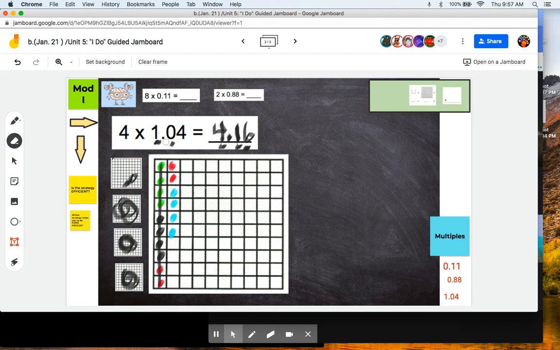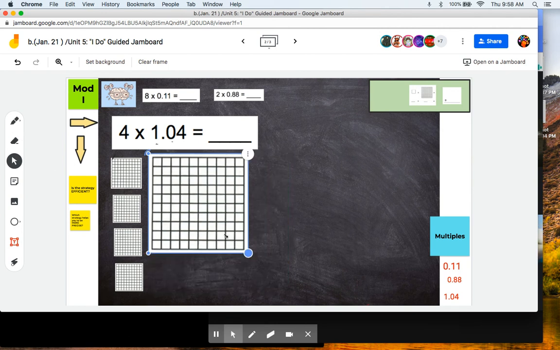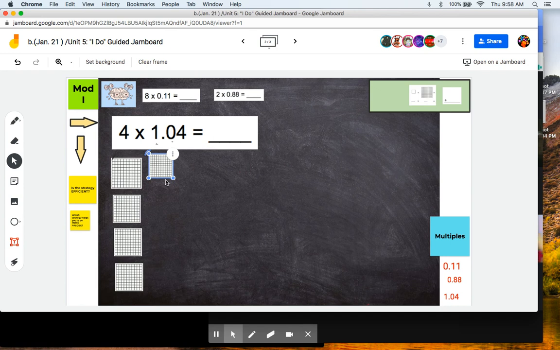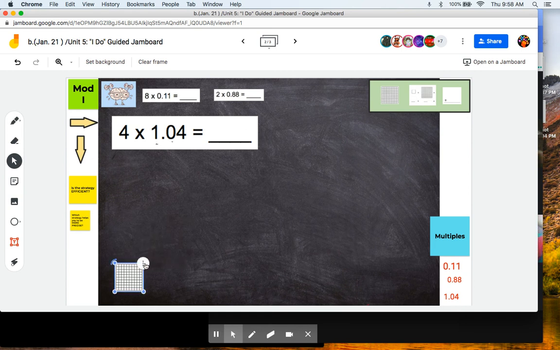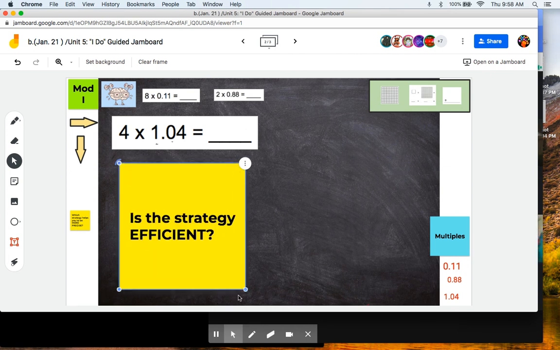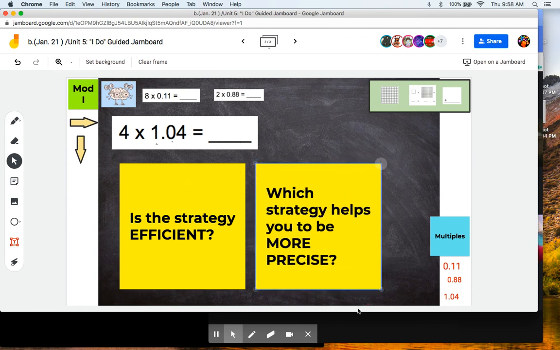And it can be shown based upon your knowledge of using visual models. Next strategy, to make sure that we are precise, is use tools that we know. Adding decimals using repeat addition. You, as the mathematician, though, have to decide, is it efficient? And which strategy helps you to be more precise? That is the key.